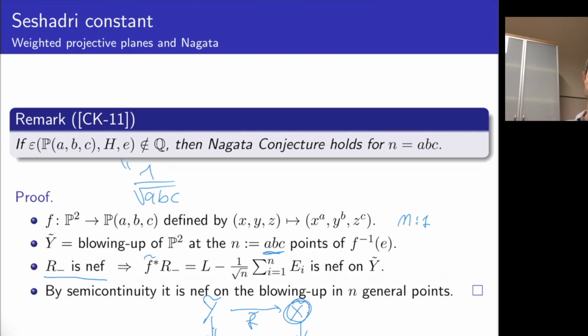So we can consider its pullback in the blow up of P2 at these points, and it is still F. It turns out to be the Nagata class. We just have to reason, as before, by semicontinuity to deduce that the same class is F on the blow up of P2 at n general points, and this is the content of the Nagata conjecture. So this is the idea to close the circle.